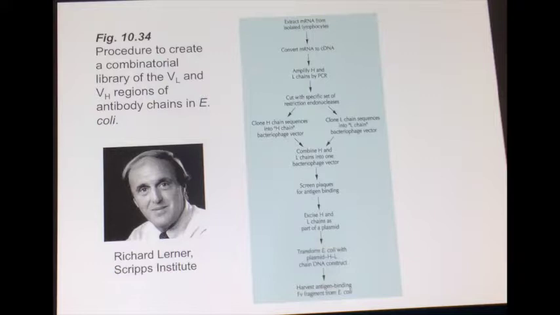Okay, what Lerner and his co-workers did, quite simply, they said, a human being makes so many light chains, so many heavy chains, so many CDR regions, and if we take those and shuffle them, basically what's happening in the human antibody response, or in any mammalian immune response, is you're getting more or less about 1 million different antibodies.